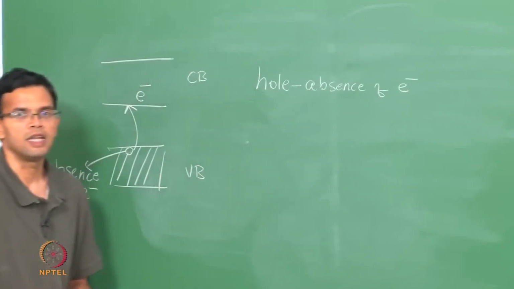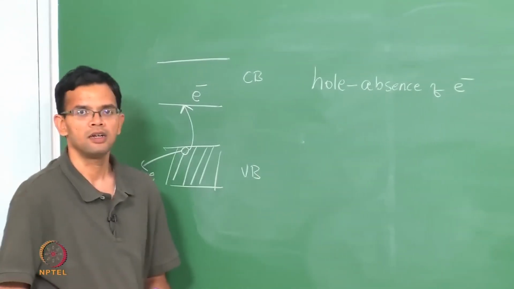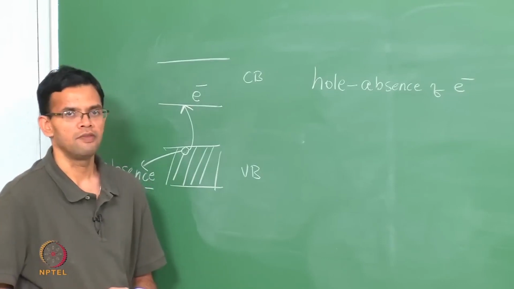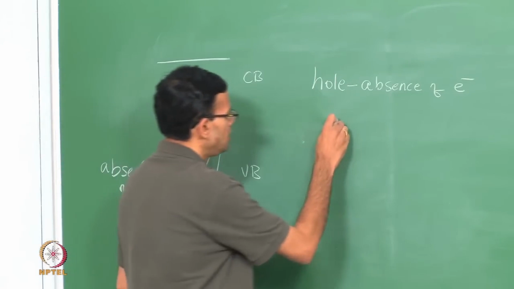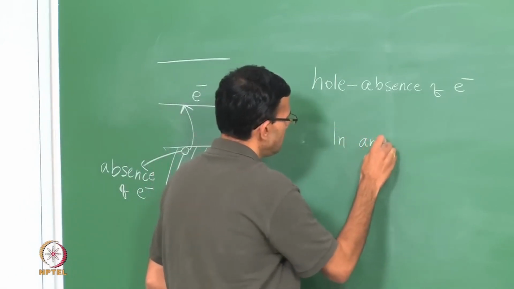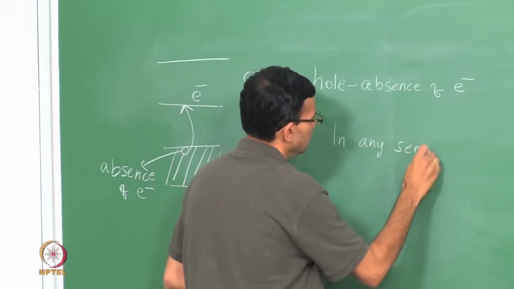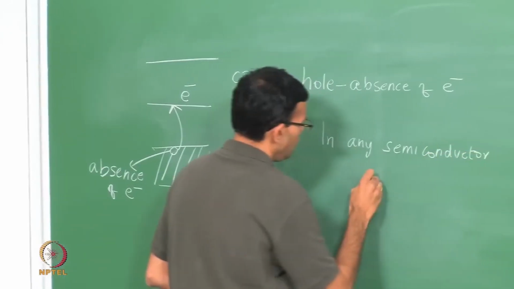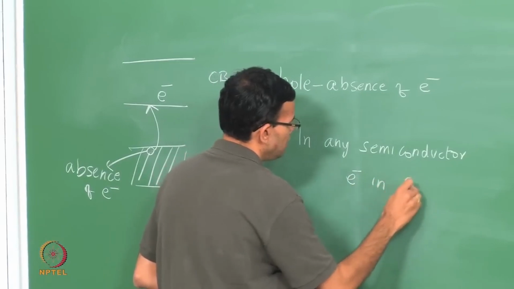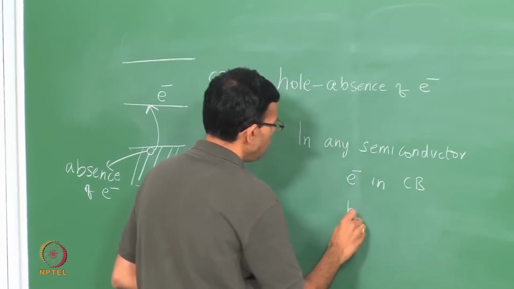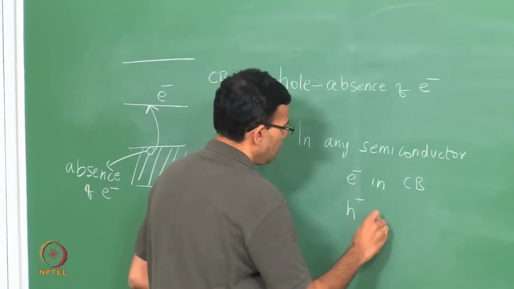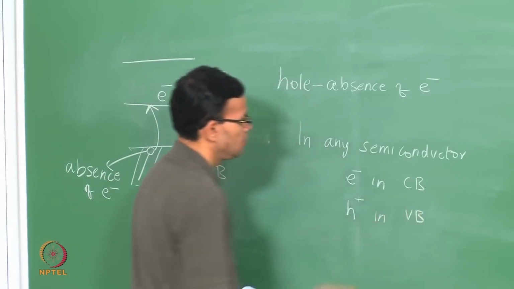A hole is nothing but a mathematical construct that we use to denote the absence of electrons in the valence band. So, in any semiconductor, you will have electrons in the conduction band and holes. Holes are denoted by h or h plus in the valence band.